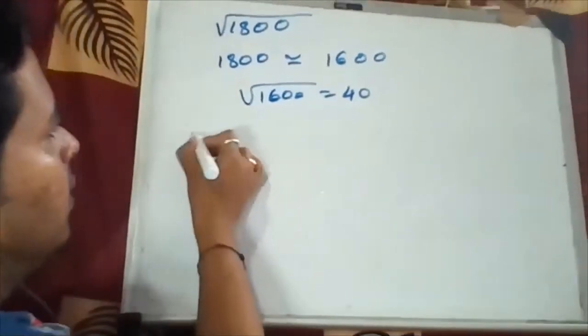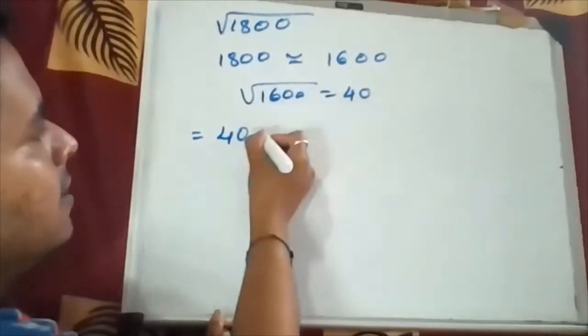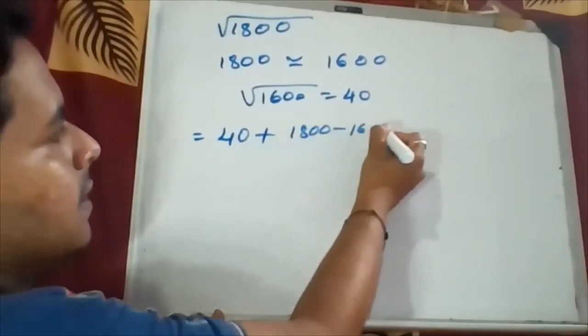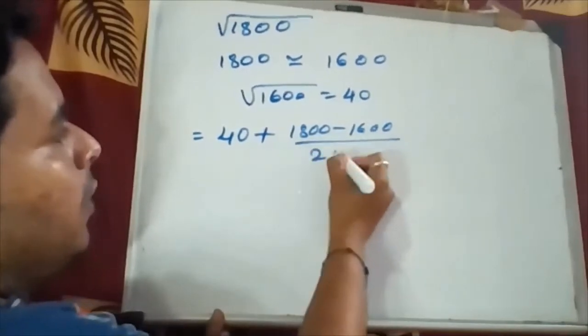So what I'll do here, I'll take 40 plus (1800 minus 1600) divided by 2 into 40.